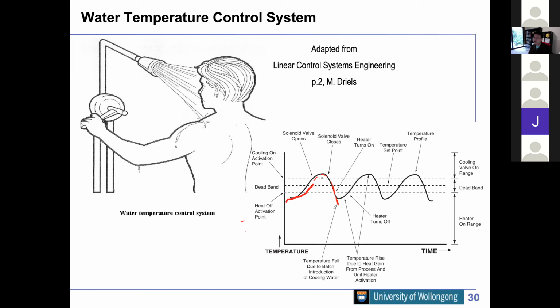If you have a controller to control this temperature, we want the controller to be very simple. The easiest way to do that is an on-off control. Normally you don't try to turn your heater up and down. What you do is either turn the heater on or turn it off.